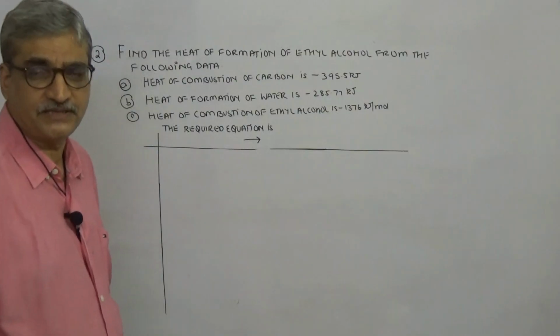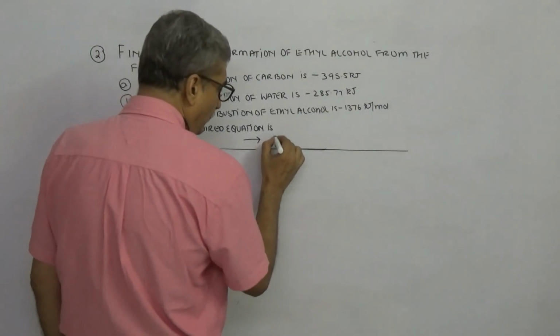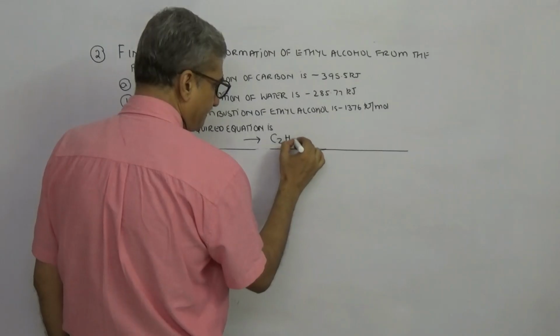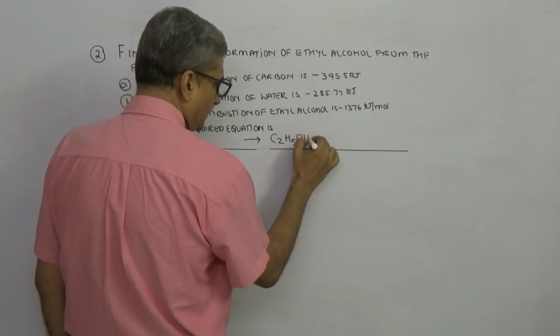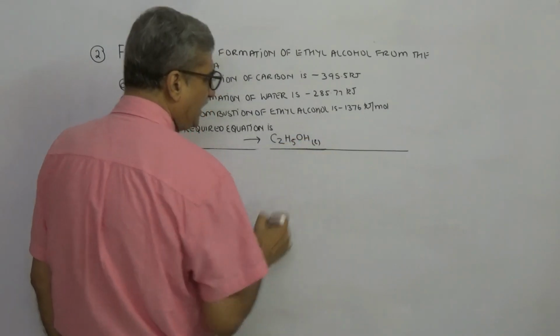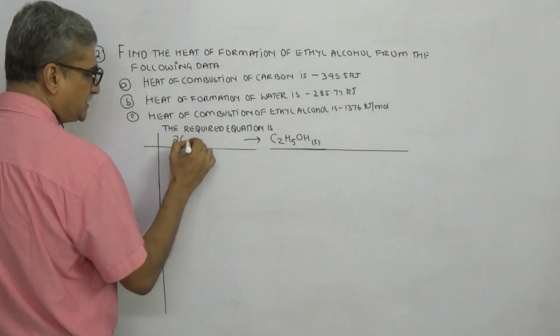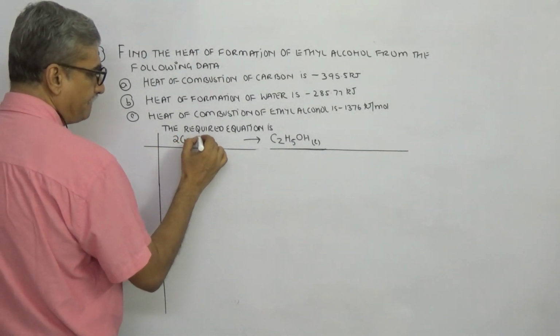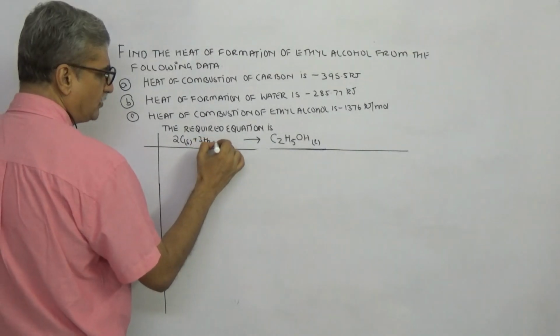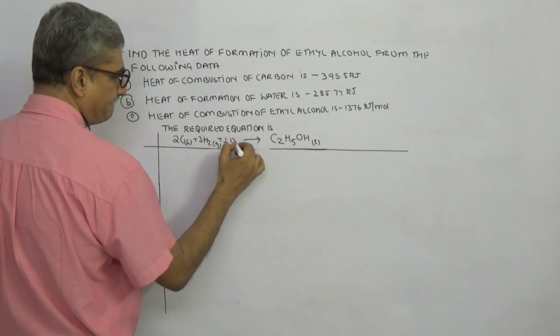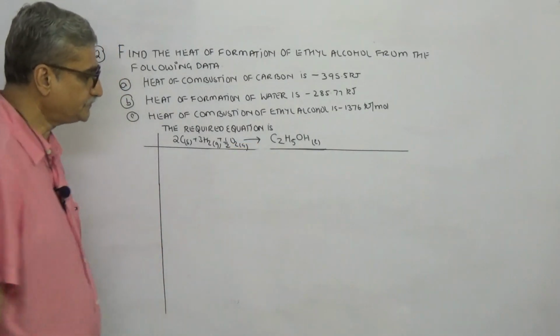What is the heat of formation definition? 1 mole of ethyl alcohol is formed from the elements in the standard state. So what do we have? We have 2C carbon solid plus 3H2 gas plus half O2 gas.